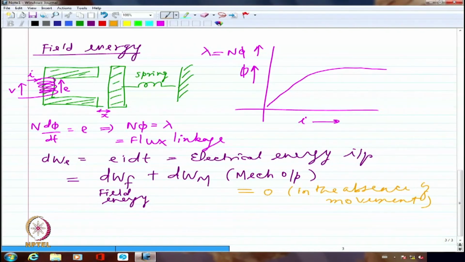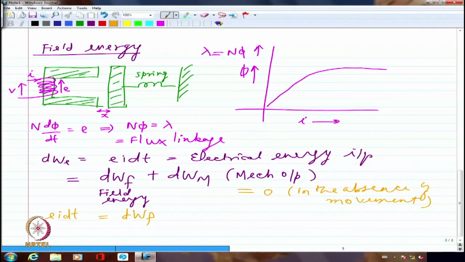That's what it is indicating. Right? If I don't see any mechanical output, whatever I have given as the input of electrical energy, which was EI dt, that entire thing has gone towards creating only the field energy. So I should say EI dt incidentally becomes my dWf.